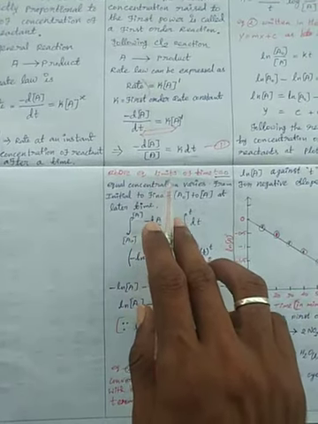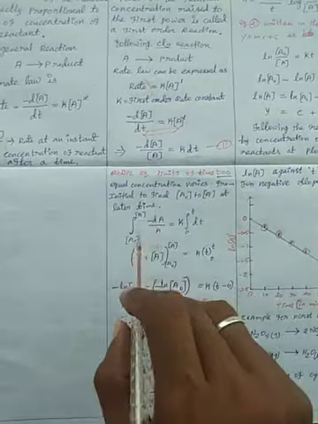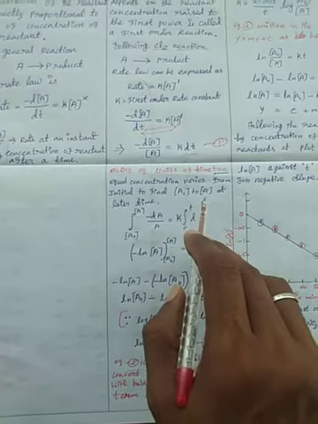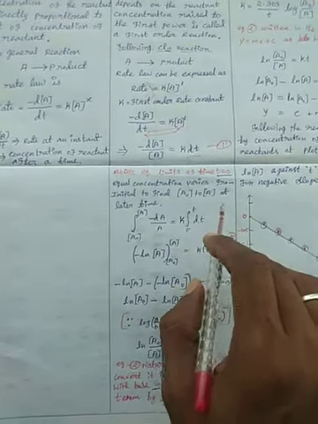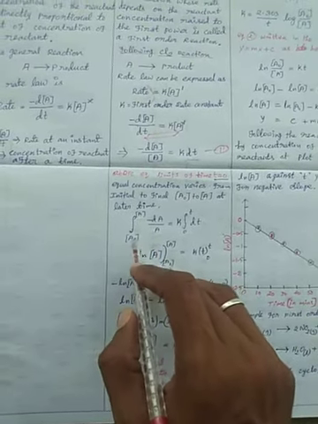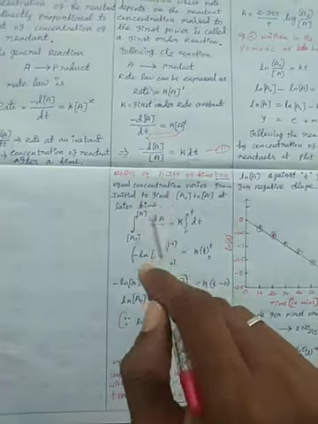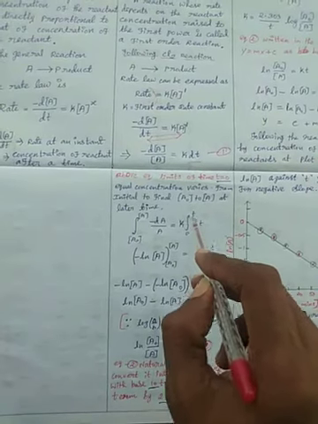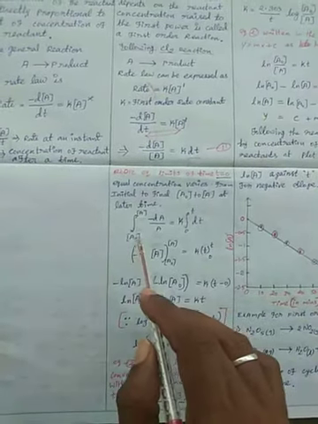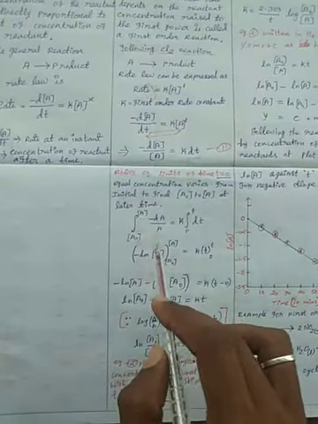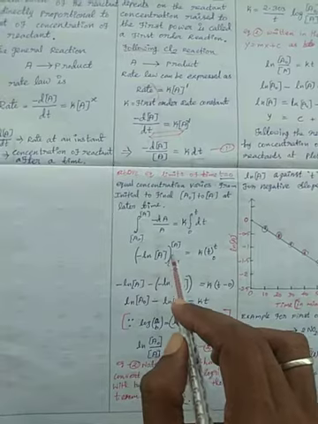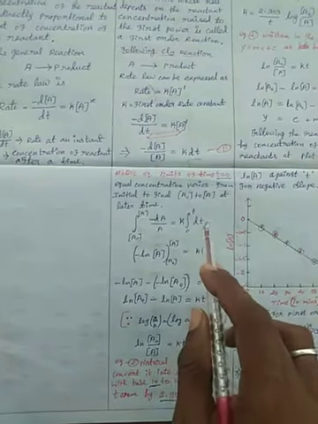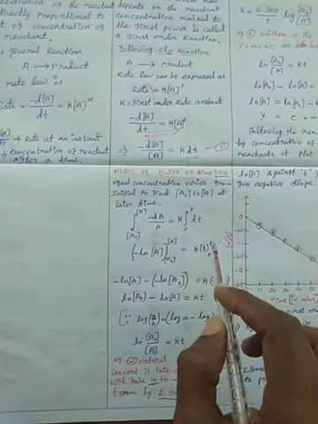Now apply the limits: at time t equal to 0, the concentration is A0, and at the later time t it is A. So integral from A0 to A of minus dA by A equals k times the integral of dt from lower limit 0 to upper limit t.